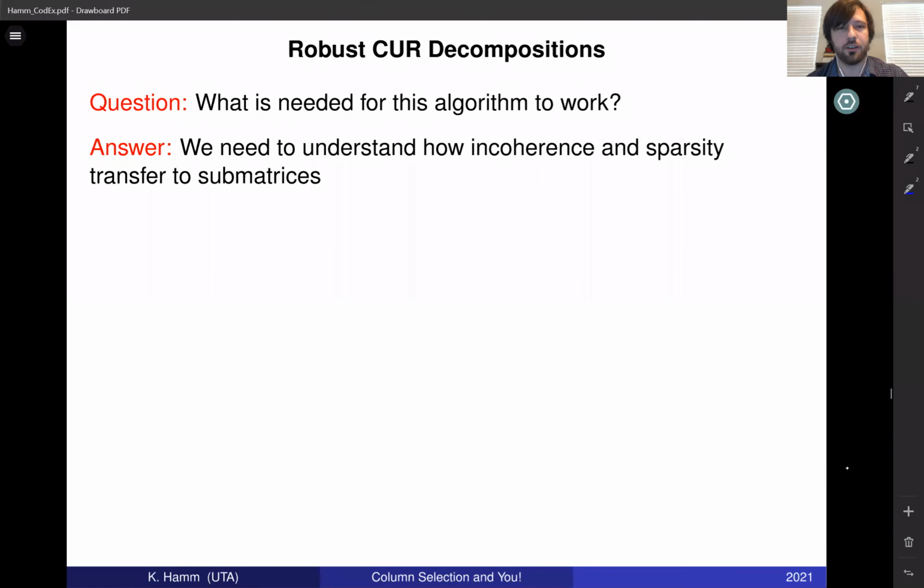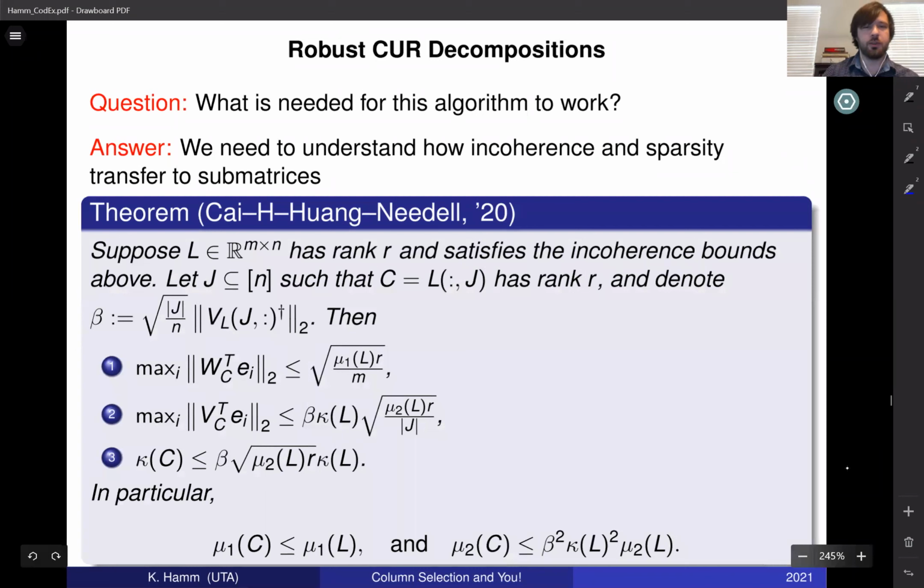I'm running a little short on time, so I want to speed up a little bit. But here's one of the results.